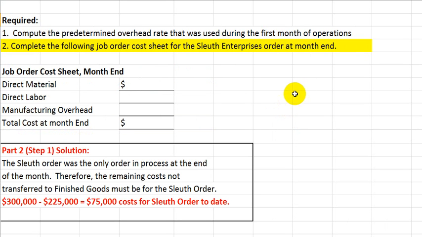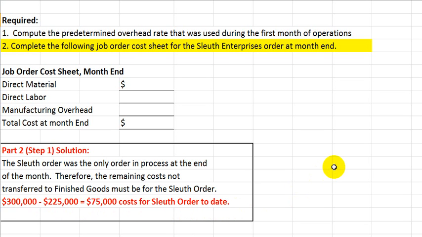Let's move on to part two. Part two will take a few steps. Step one, we want to determine what the total would be for the work in process at the end of the month. We know that we incurred $300,000 in expenses and that we transferred to finished goods $225,000. So that leaves $75,000 in costs, and the problem told us that the only project that was open was the Sleuth order.